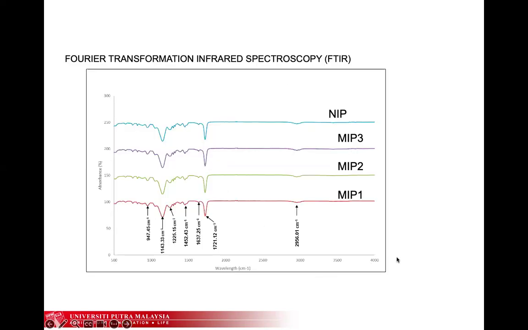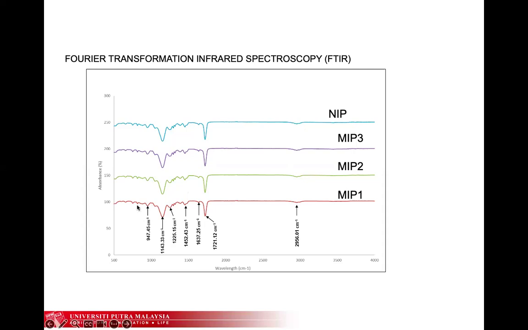Okay, so once you polymerize, the first thing is to look at the FTIR. It's quite difficult. You can see not much difference. Usually what we see is only a shifting of certain peaks or broadening of certain peaks.